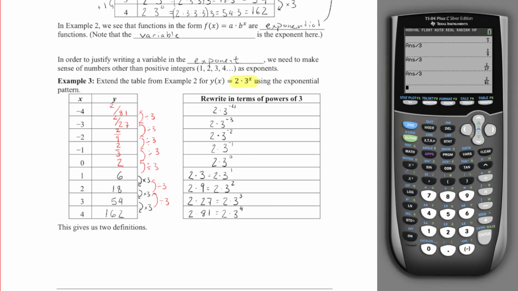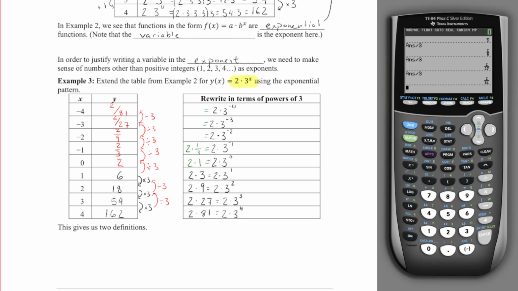Okay, well, these are all 2 times the appropriate power of 3. 2 obviously is 2 times 1. And then remember what's going on with the numerator in a fraction. If I have 2/3, that's 2 times a third.